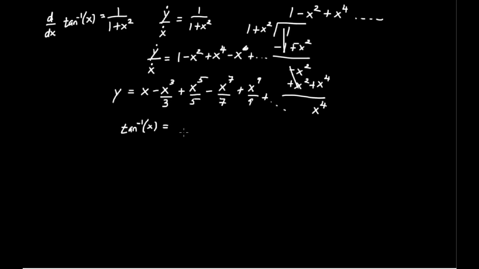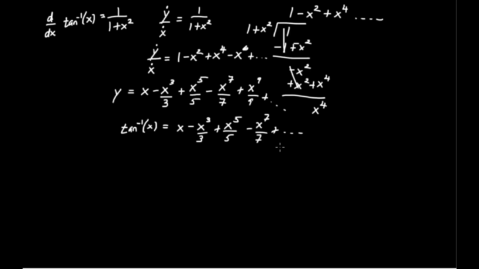In fact, this is the power series expansion of tangent inverse: x minus x to the third over 3 plus x to the fifth over 5 minus x to the 7 over 7, and so on.